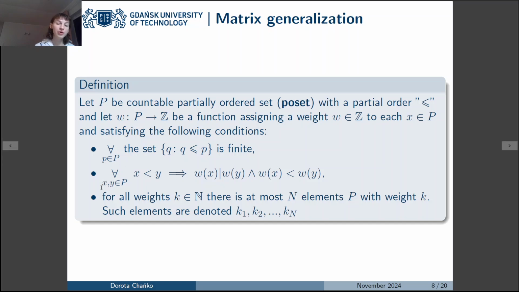For every two elements x and y of P, if x is comparable to y and it's less than y, then the weight of x is a factor of the weight of y, and they are not equal. And also for all natural weights k, there are at most n elements of our poset P with such weight k, and such elements are denoted k1, k2, and so on, kn.